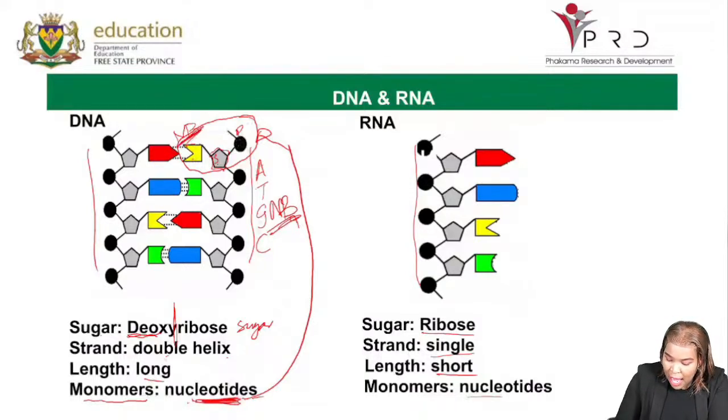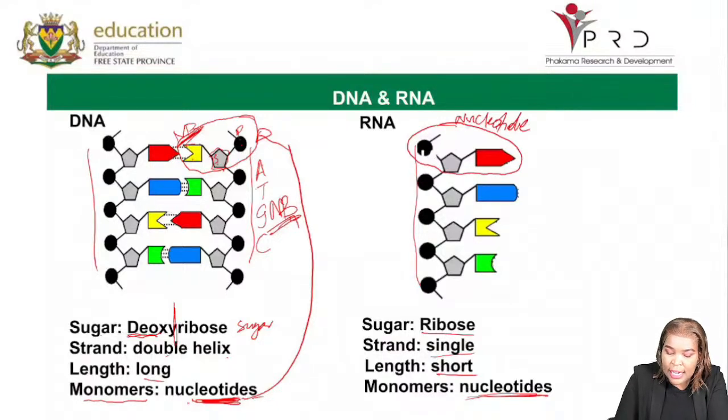And then for RNA, what are the nucleotides? Almost the same. So you come here, what I'm circling is an RNA nucleotide. So what does the RNA nucleotide consist of? It also consists of the phosphate group. It consists of the sugar group, but the sugar here is ribose sugar.